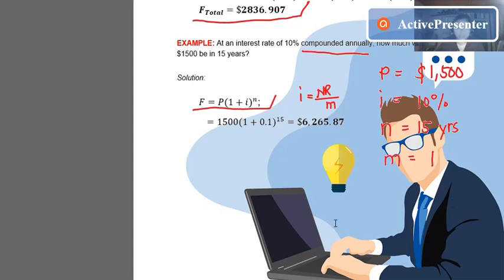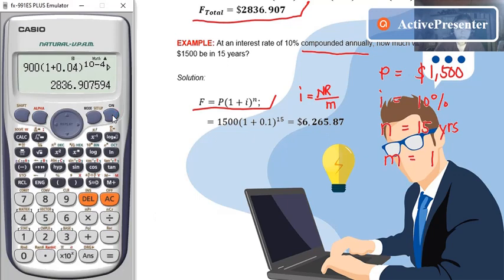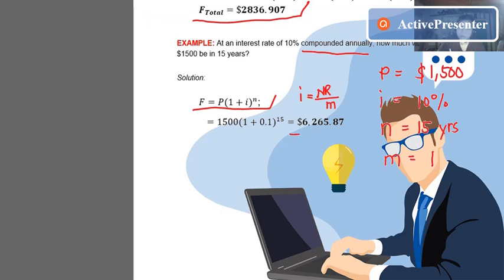So substituting our values into the formula, we have 1,500 times 1 plus, since 10%, 0.1 raised to the number of years, 15. So our answer will be $6,265.87. So we can see here our final answer.